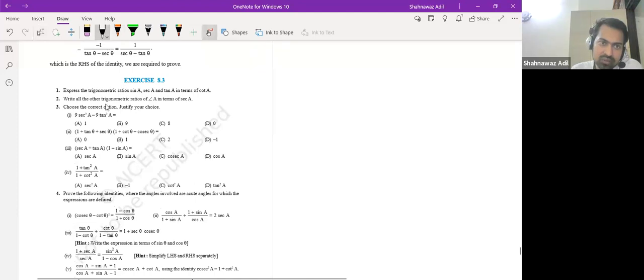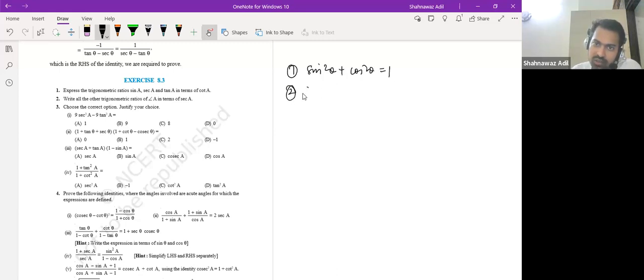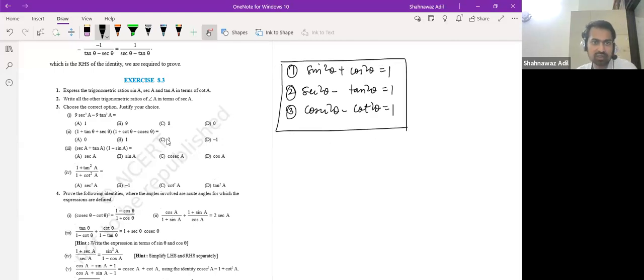The first one is sine squared theta plus cos squared theta equals 1. The second one is sec squared theta minus tan squared theta equals 1. And the third one is cosec squared theta minus cot squared theta equals 1. These are the three identities that we will use in all of these questions. So remember and memorize this so that we can talk about this in the next class.